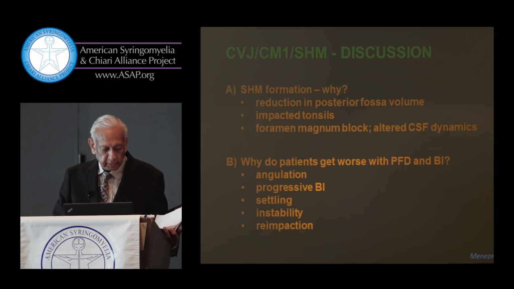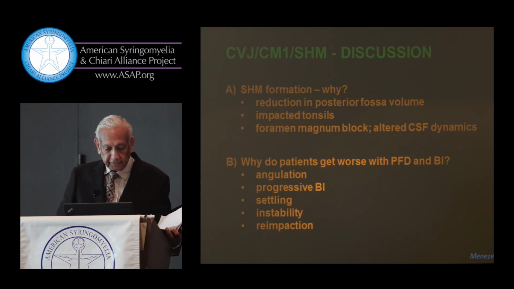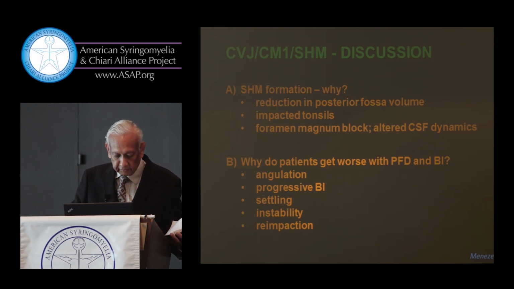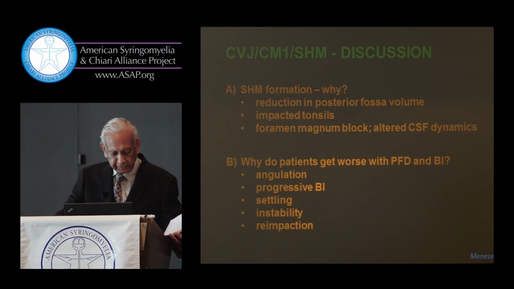We think the answer is because of reduction in the posterior fossa volume, and that the tonsils get impacted. Nothing new, everybody's accepted this. There's blockage of CSF flow, the dynamics change. The second question that we ask ourselves is, why do patients get worse if they had basilar invagination, especially if they've had a good satisfactory posterior procedure?